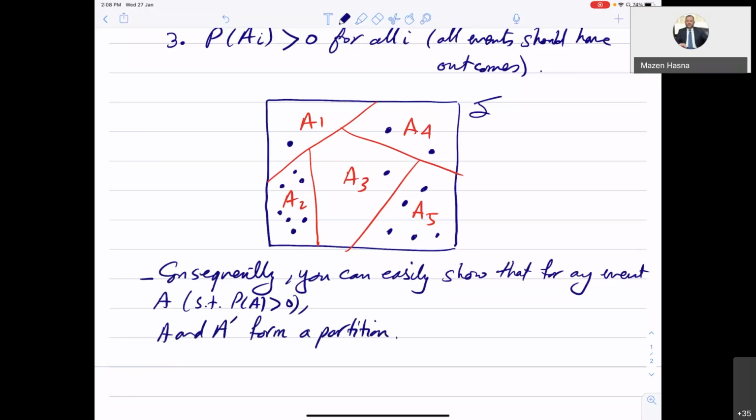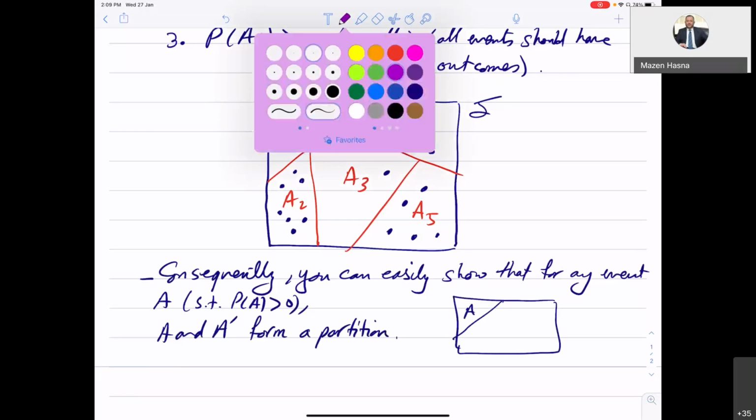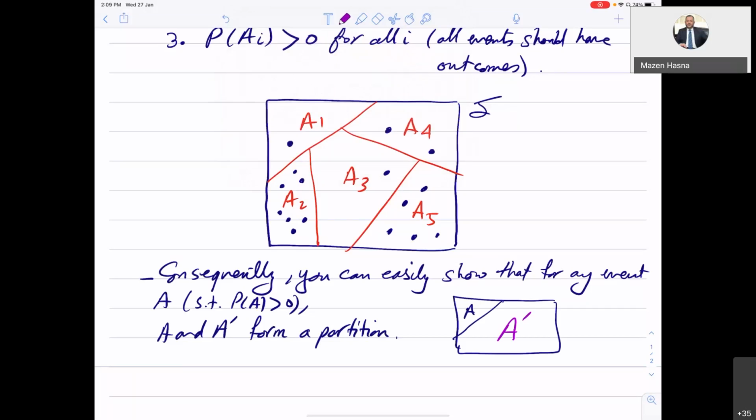It's always the case that any event with its complement form a partition. So if this is my A, what's the remaining? We know that the remaining, this whole thing, is A bar. So A and A bar form a partition. It's always the case. Of course, again, we assume at least A has one outcome.